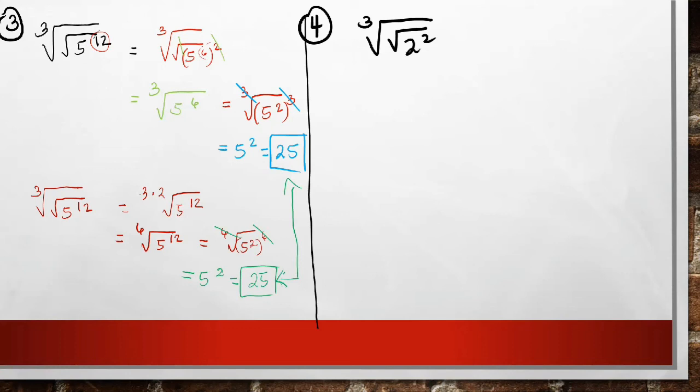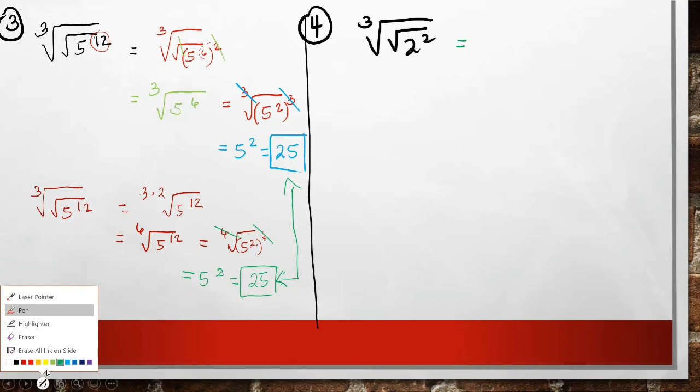Now, let's proceed with our example number 4. We have the cube root of the square root of 2 to the power of 2. So, how do we do this? If we can see that our inner index and our exponent are the same, then we can cancel it out.